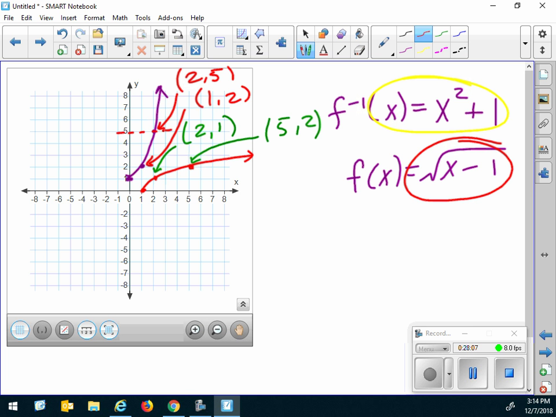Because if I use that part, then the X and Y switch. It would tell you what the domain was. In this case, the domain for the purple is X is greater than or equal to 0. It would tell you, okay? What I'm telling you is that when we do inverses with a square, use the positive side, okay?